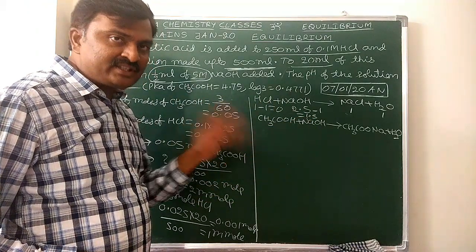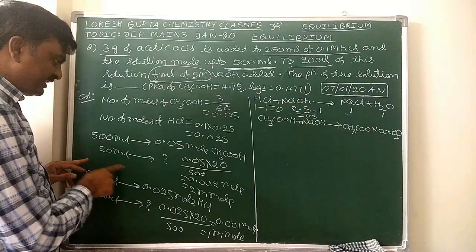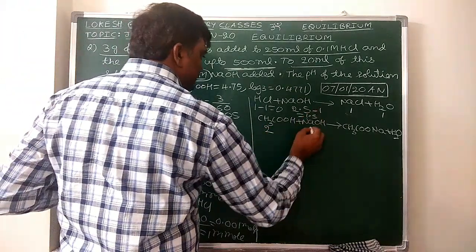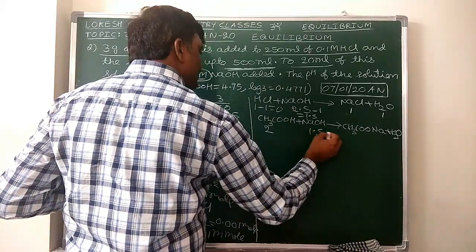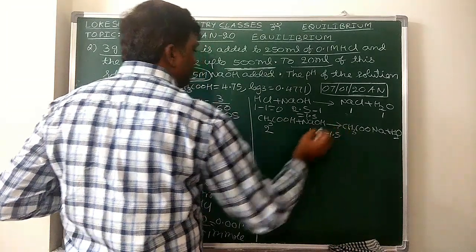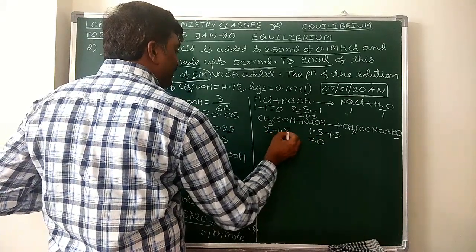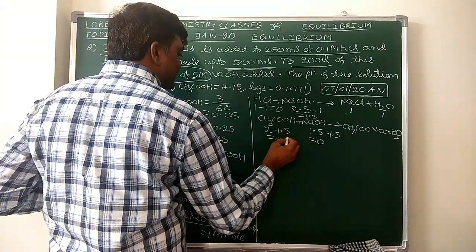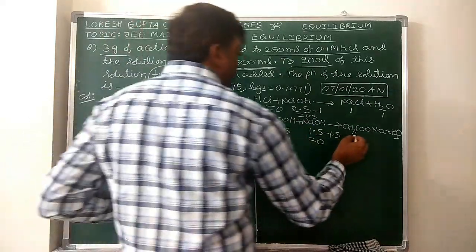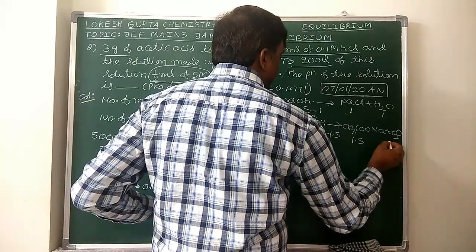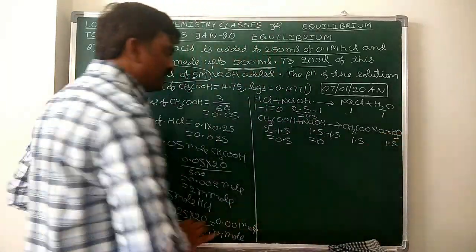Now it will react with acetic acid. In this 20 ml, how many millimoles of acetic acid are there? 2. This one 1.5. Now 1.5 millimoles NaOH will react with 1.5 millimoles of acetic acid. Then 1.5 millimoles sodium acetate and 1.5 millimoles water are formed.